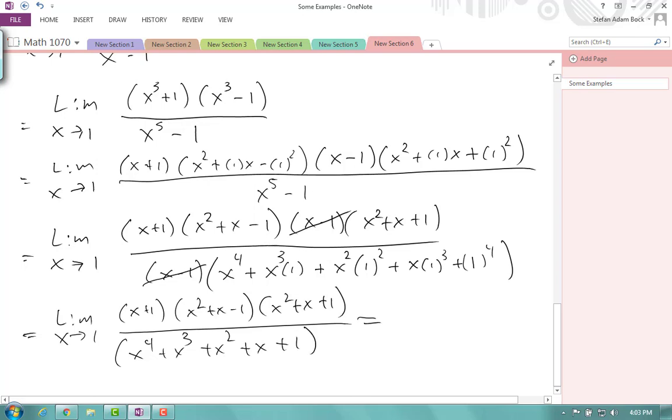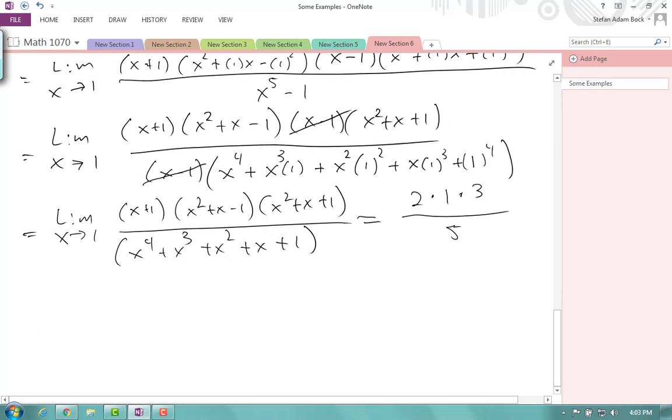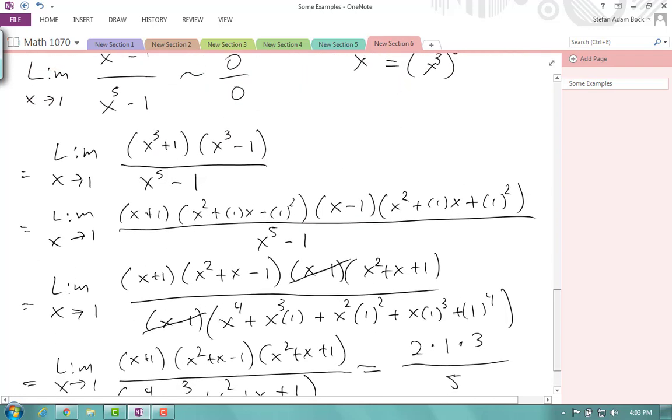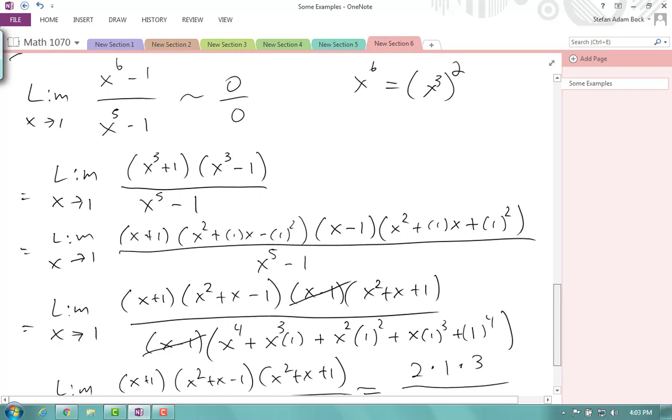This turns out to look like I'll have 2 times 1 plus 1 minus 1 times 3, all over 1 plus 1 plus 1 plus 1 plus 1, which is 5. Which is equal to 6 over 5. Let me check that answer with my knowledge of the ages, and that is correct.